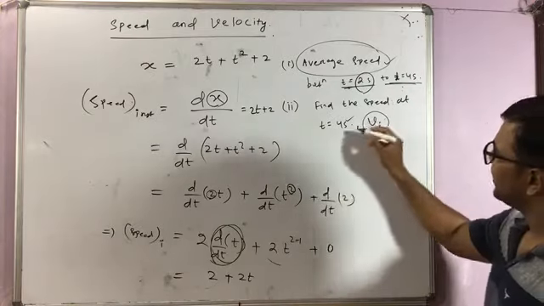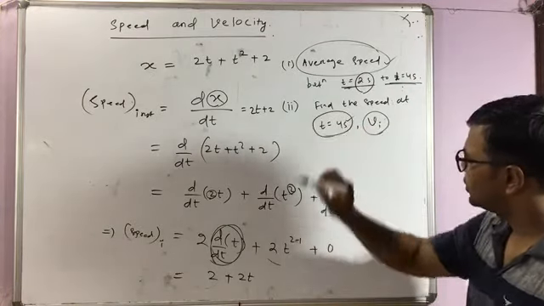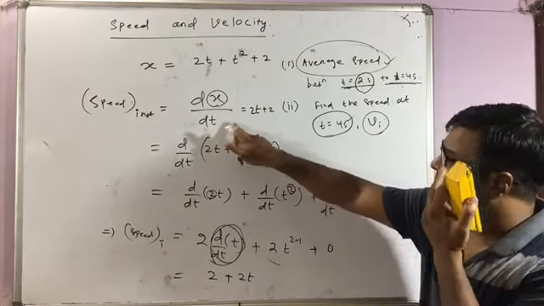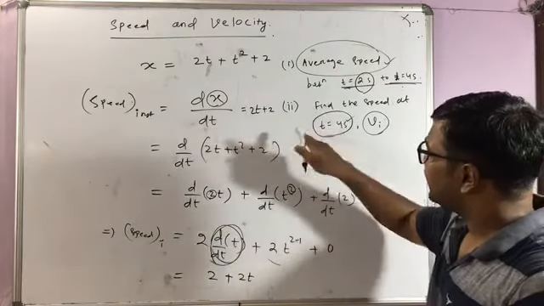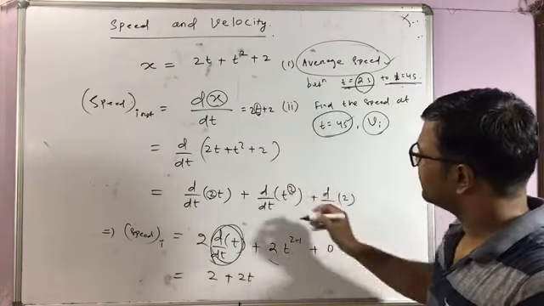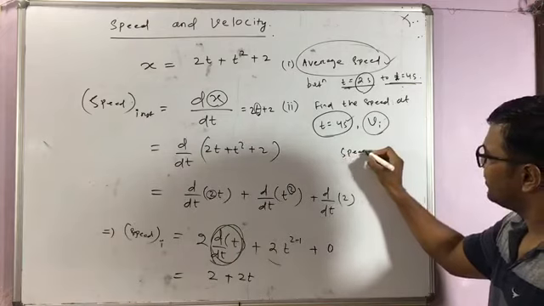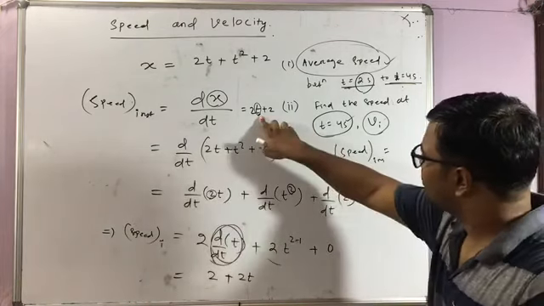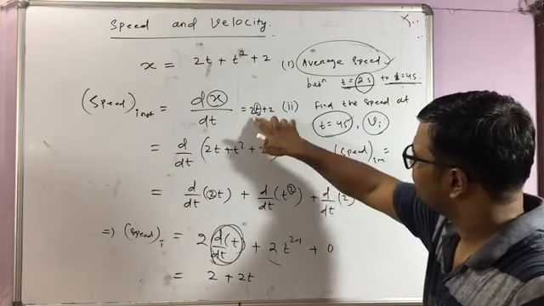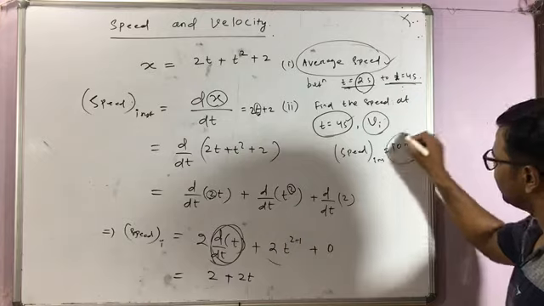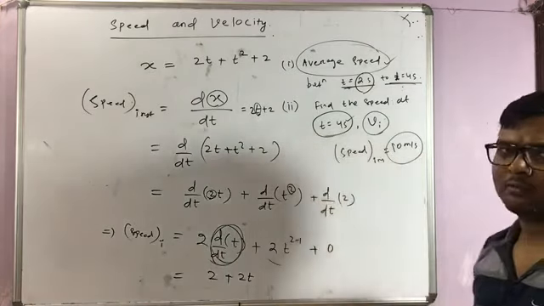But you are asked to find the speed at t is equal to 4 seconds. So you found dx by dt, the function is 2t plus 2, and when t is equal to 4 seconds you put t is equal to 4 here. So instantaneous speed would be 2 into 4 plus 2. 2 into 4 is 8, plus 2, so 10 meter per second. Good? Thank you.